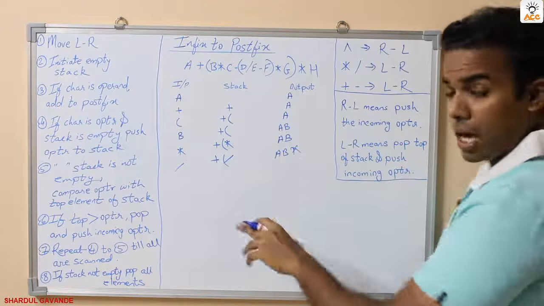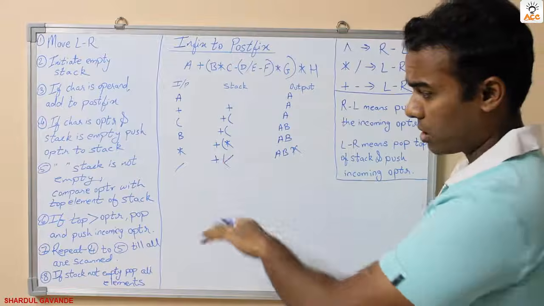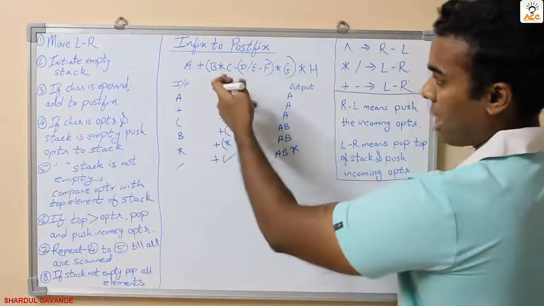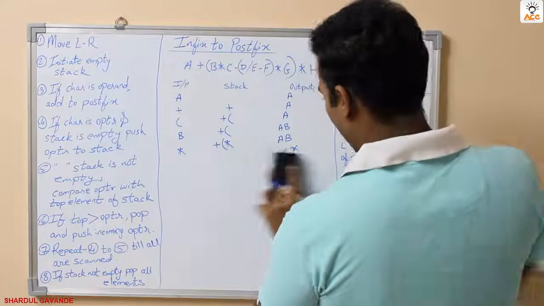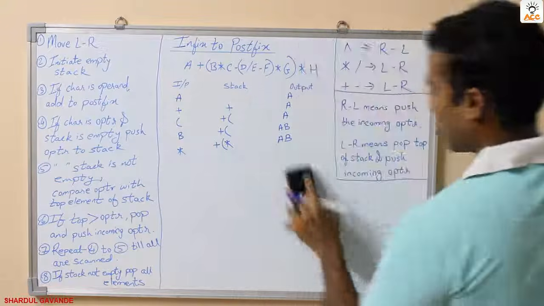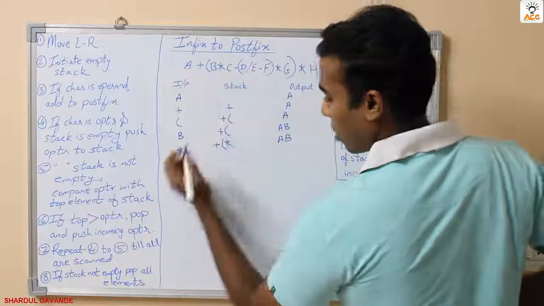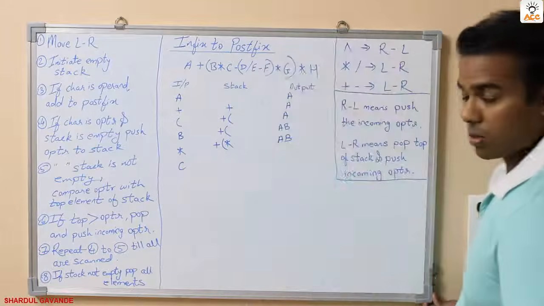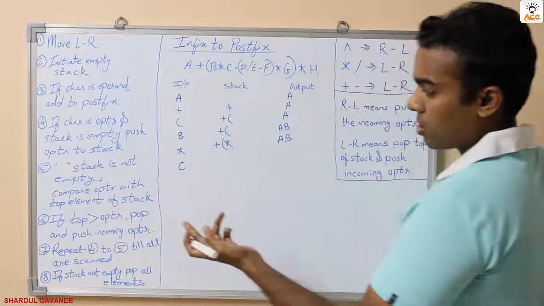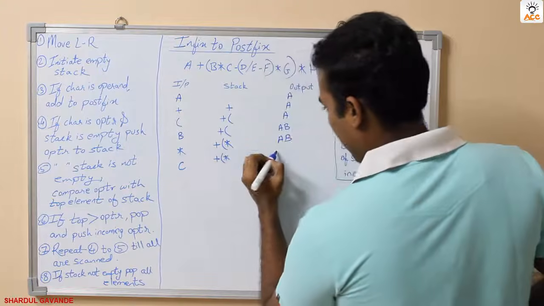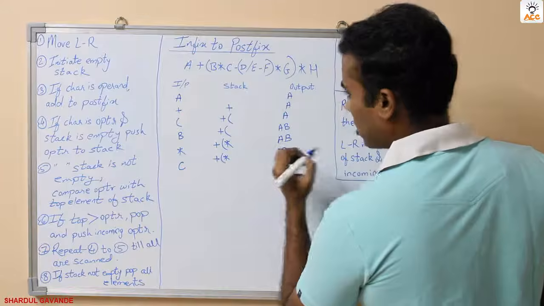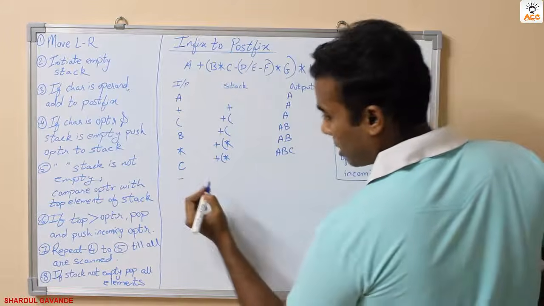Okay, so I have showed you three cases if at all such case arises, but we have now what? C. So we'll continue with our expression. After star, what we have is C over here. Okay, so C is what? It is an operand, it is not an operator, so this would be same, and here we will have A, B, C. Next is what? Minus.